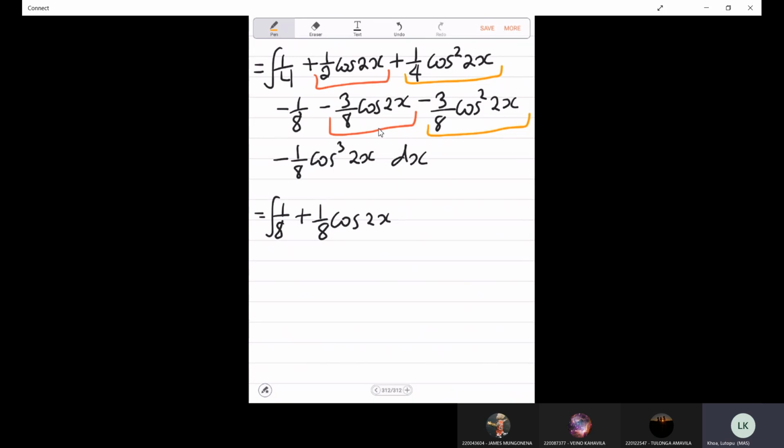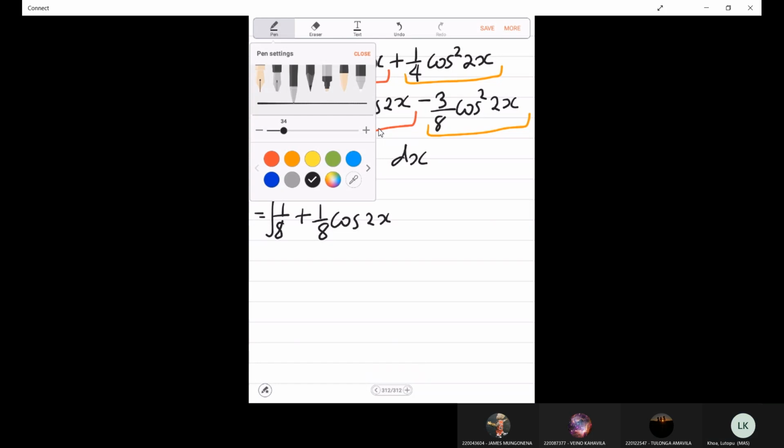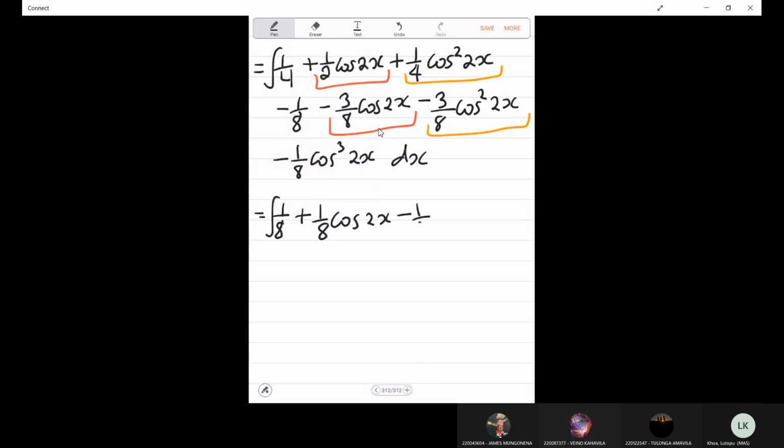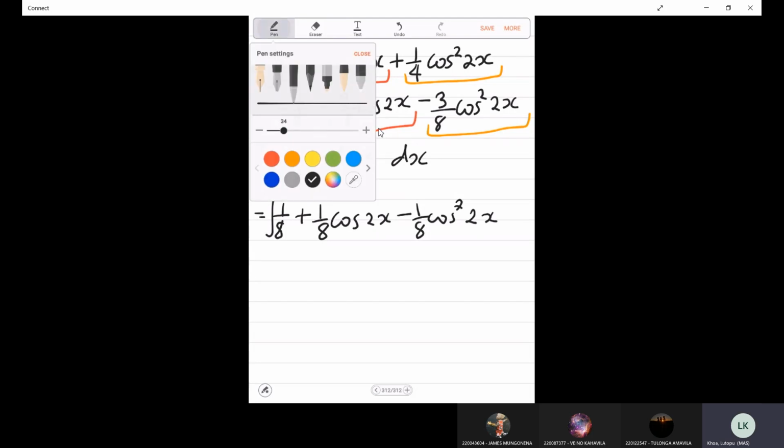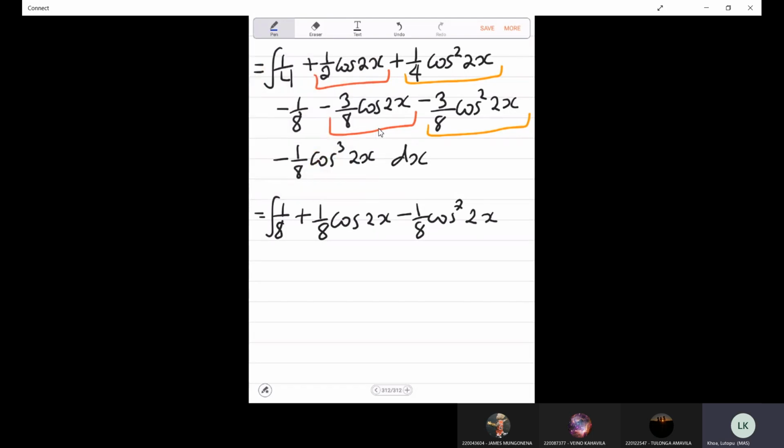That is 2 minus 3, which is negative 1/8 cos squared 2x. And then the last pair, it's by itself.